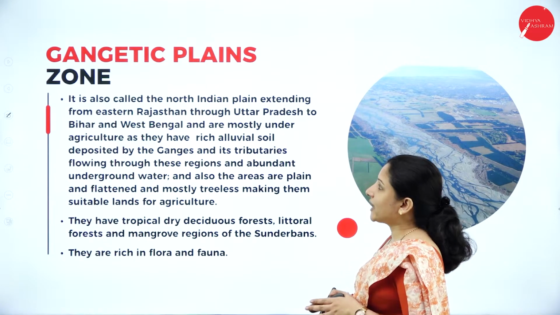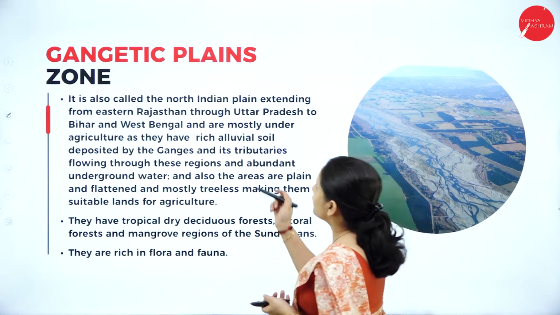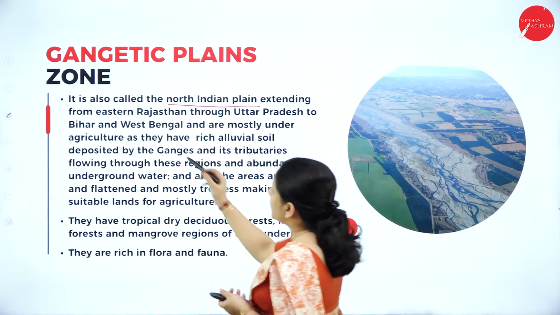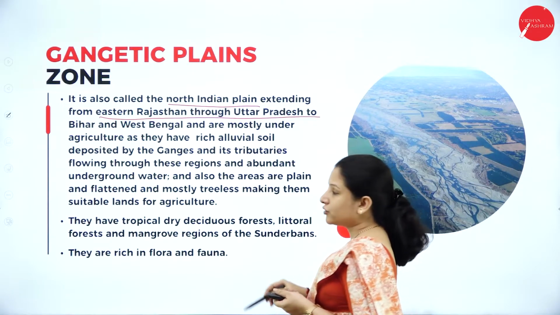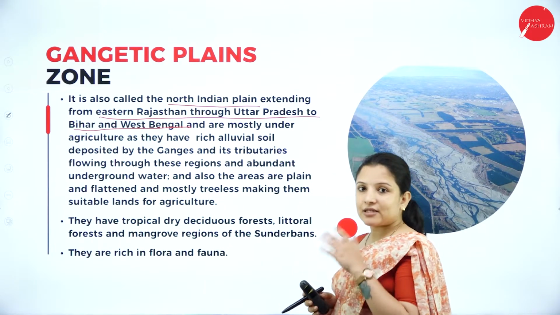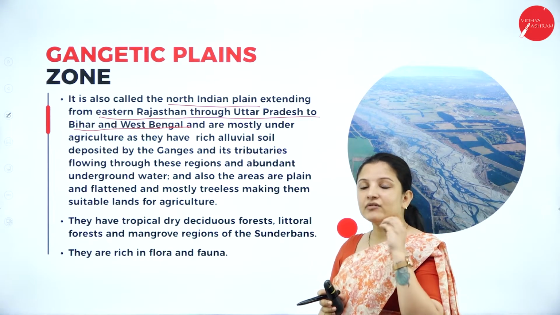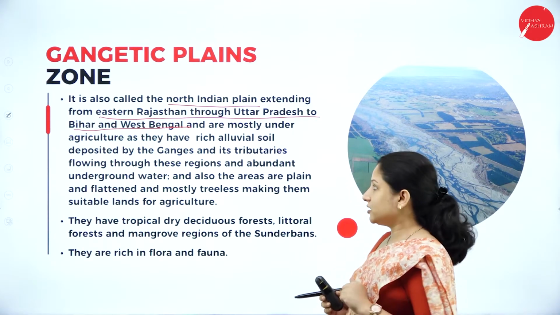Next, talking about the Gangetic Plain Zone. The Gangetic Plain Zone is also called the North Indian Plain, which extends from eastern Rajasthan through Uttar Pradesh into Bihar and West Bengal, and these areas are mostly under agriculture. Why? Because they have very fertile land when compared to any of the other zones.